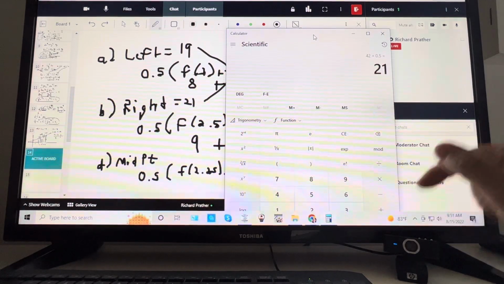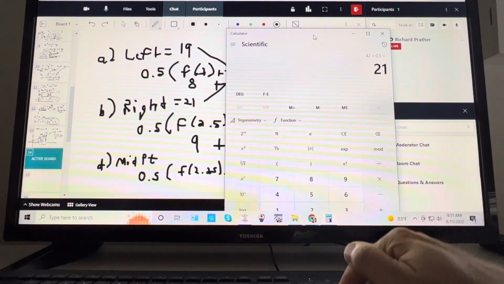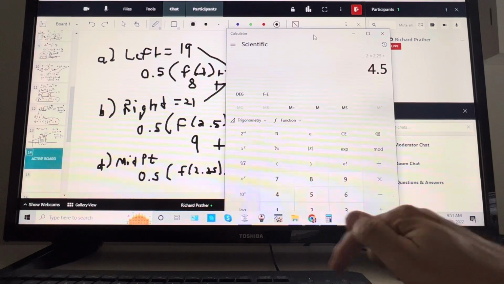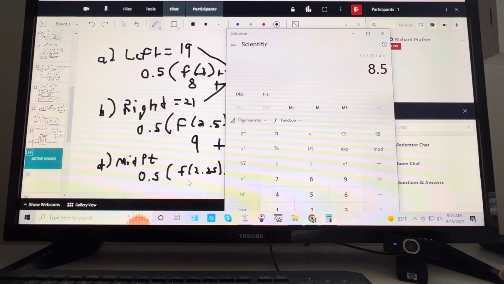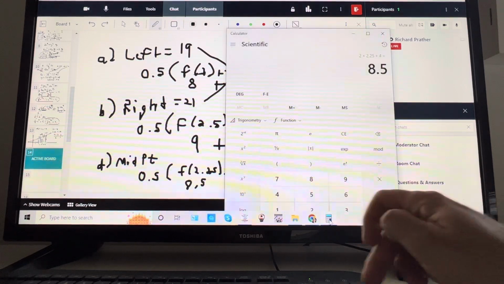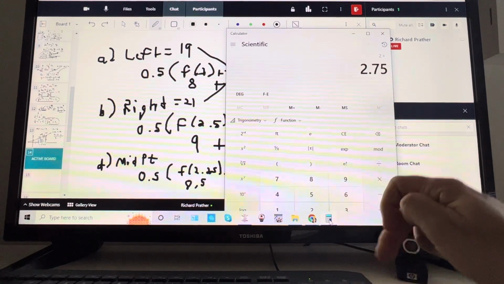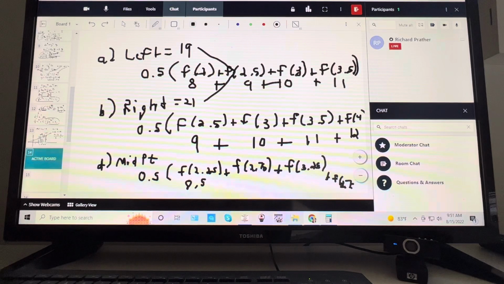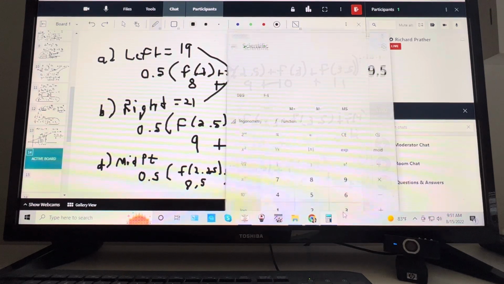That's the function, 2x plus 4. So 2 times 2.25 plus 4 is 8.5. 2 times 2.75 plus 4 is 9.5. And as soon as you see a pattern starting, since this is linear, it's obviously going to continue. So 10.5 and 11.5. So add that up.